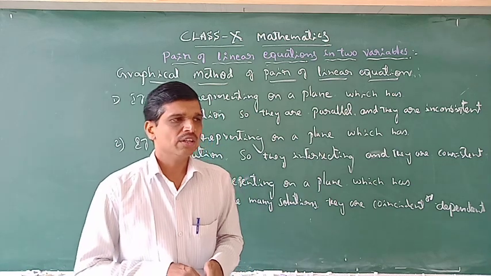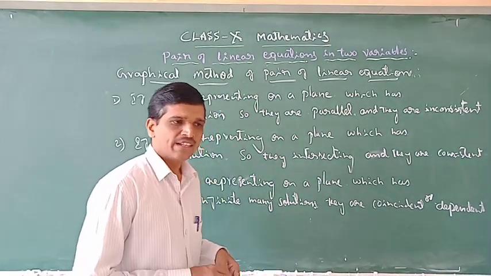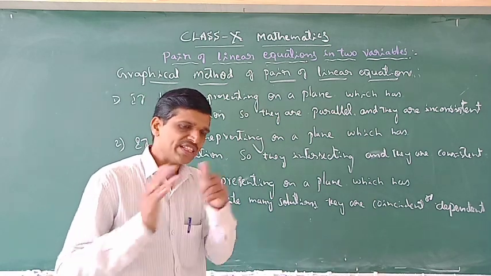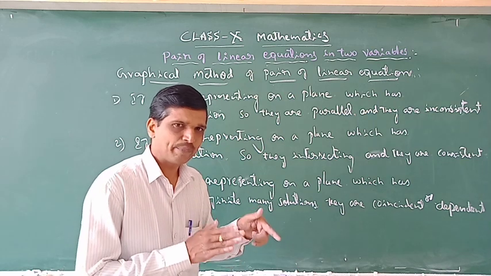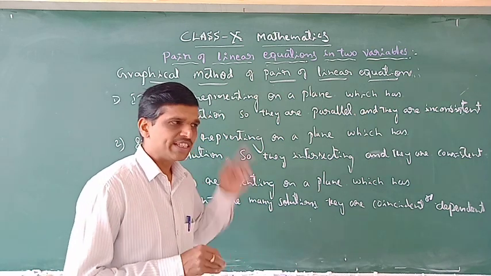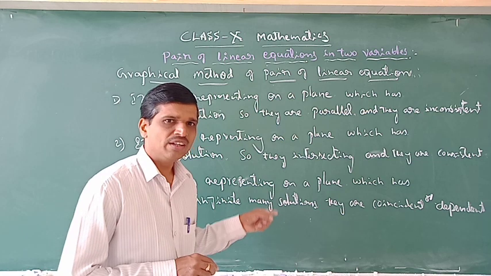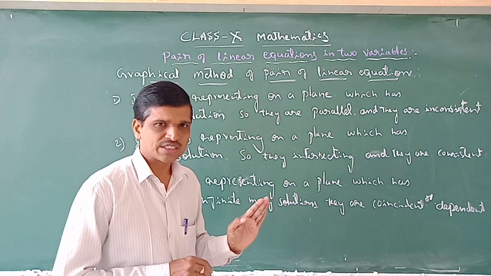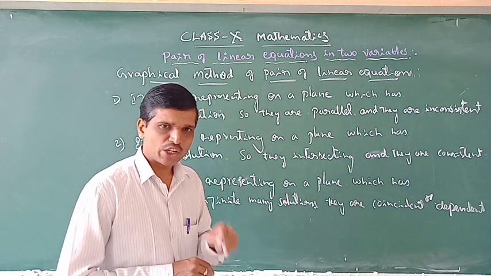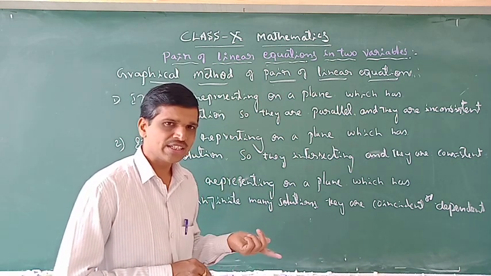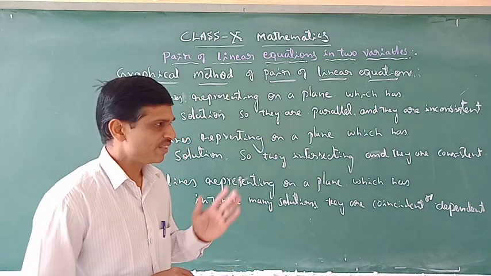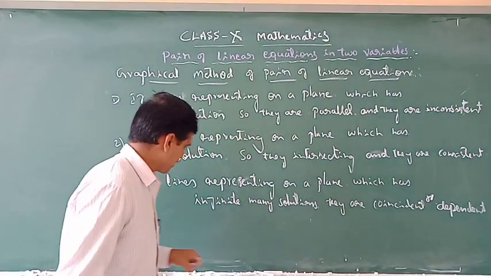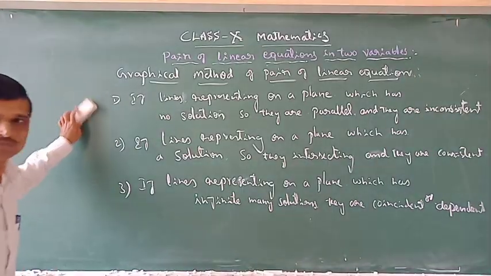I want to explain how you would confirm whether it is consistent, inconsistent, or a dependent pair of linear equations, whether it has a unique solution, no solution, or infinitely many solutions. These are considered in some sequence, which I will now explain using a table.